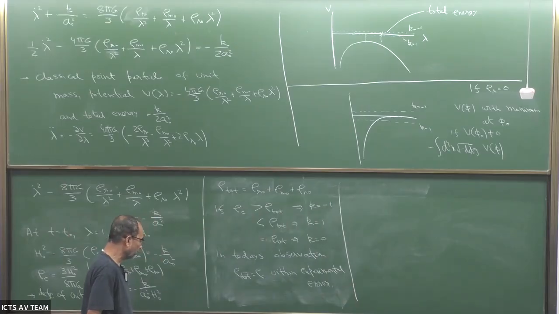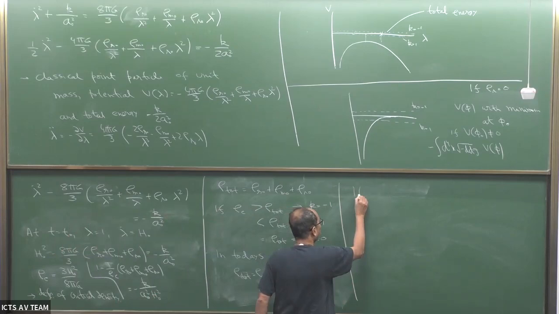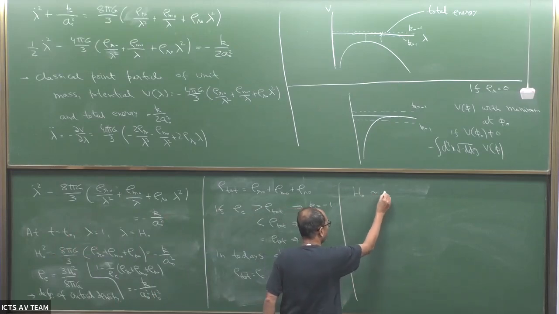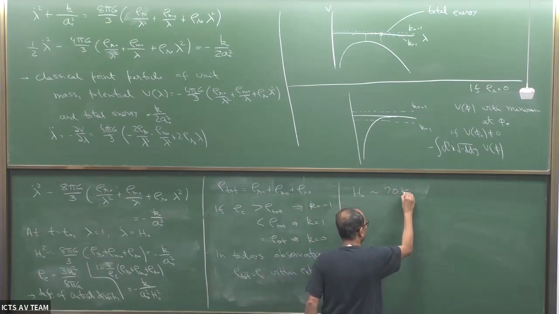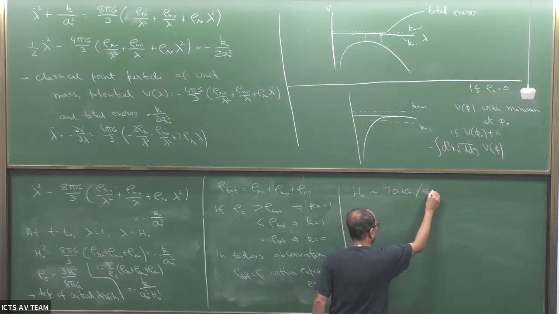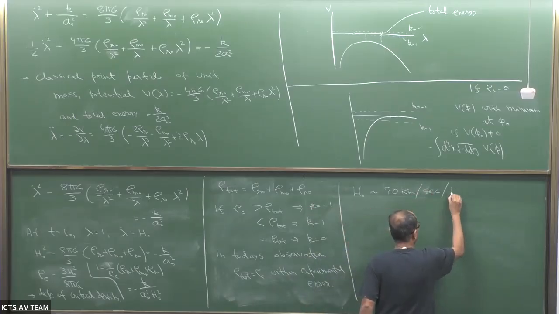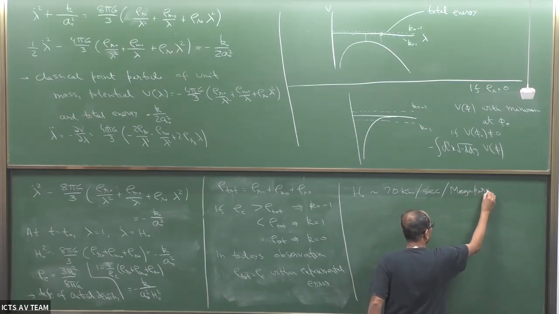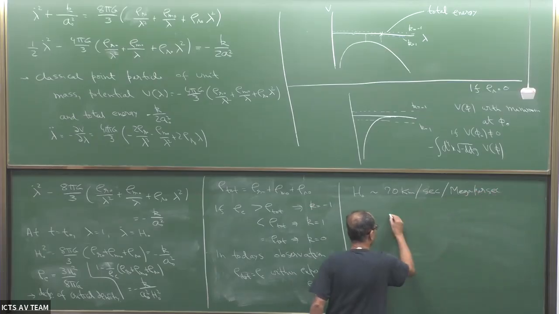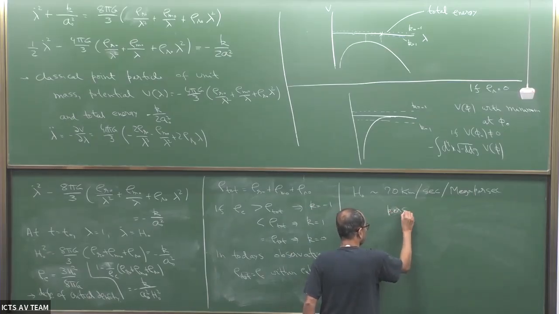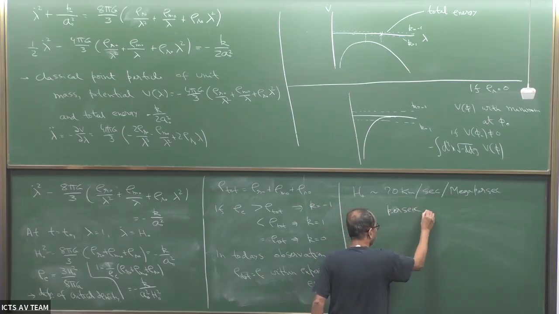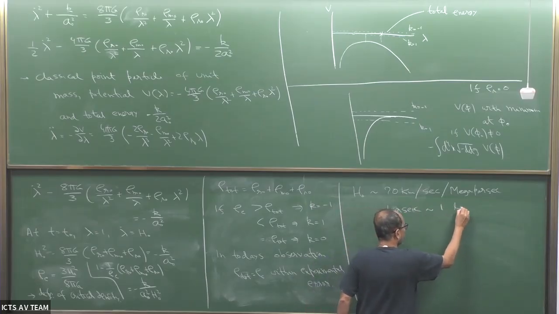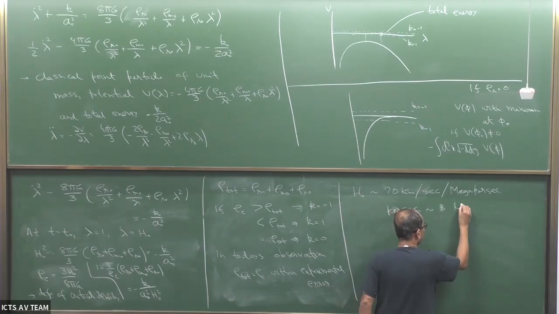Maybe I should also give some numbers. H0, the current value, is of the order of 70 kilometers per second per megaparsec. A parsec is about 3 light years, as far as I remember; we can look up the exact number.